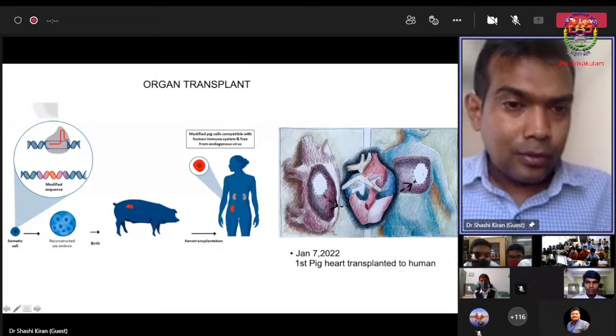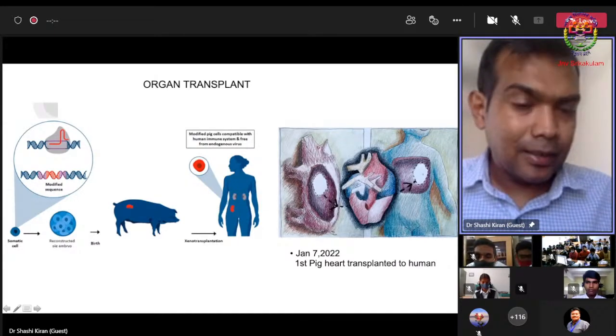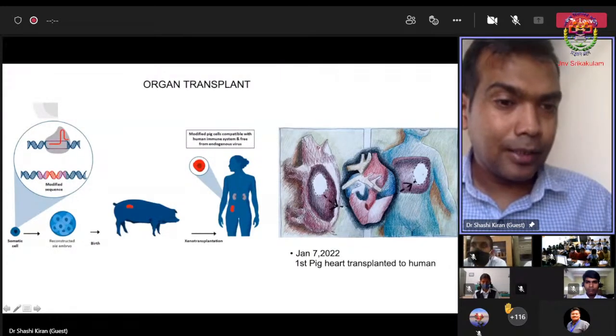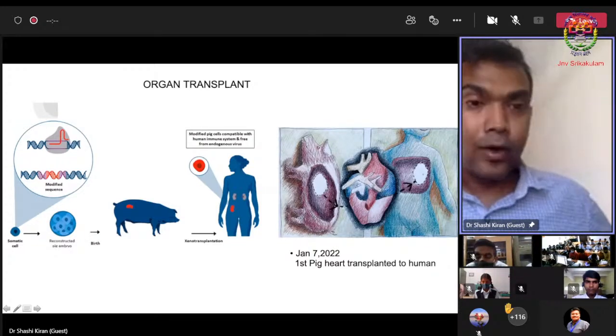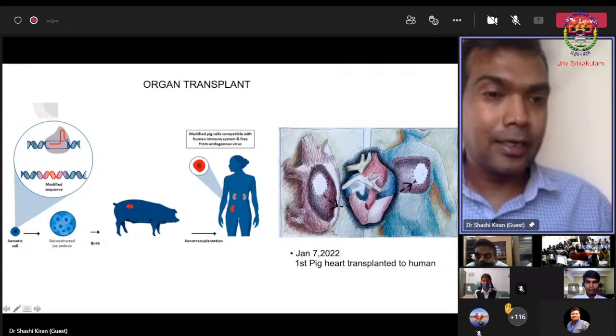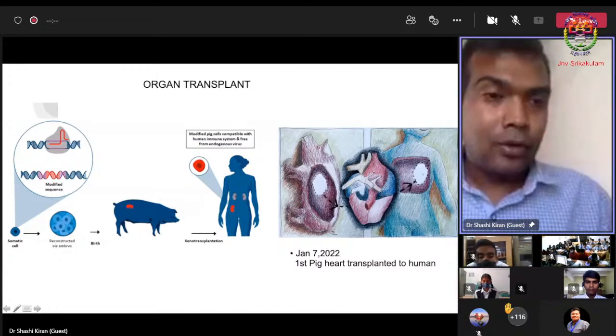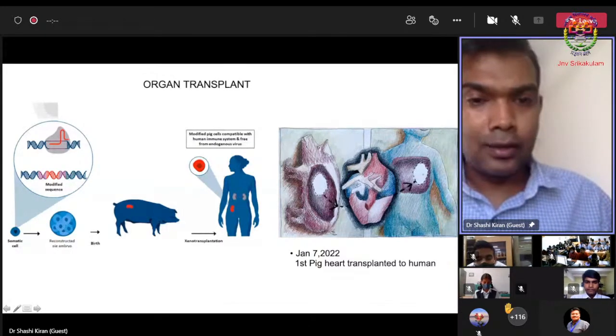So this is being addressed currently with the CRISPR technique. What is being done is, in the embryo of pigs, the genes are edited so that they do not look like pig organs anymore.